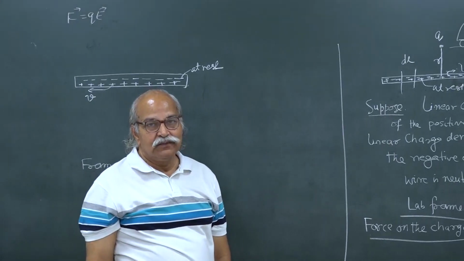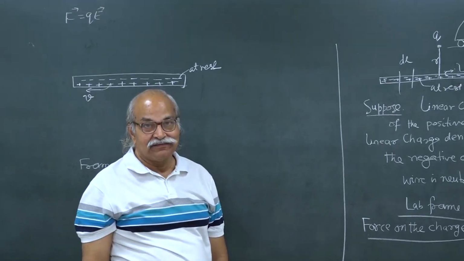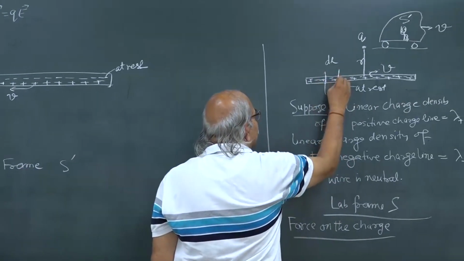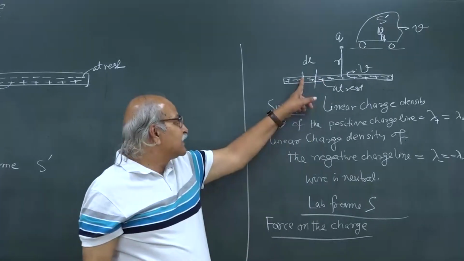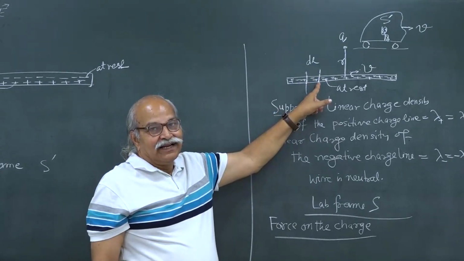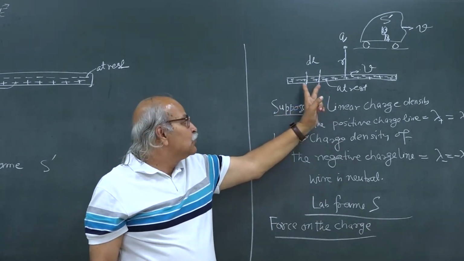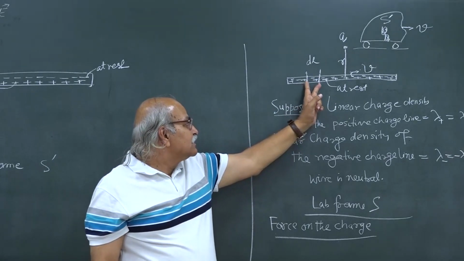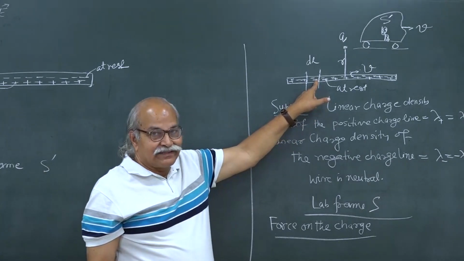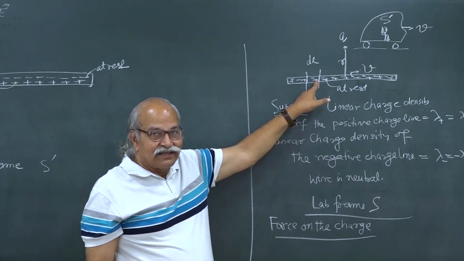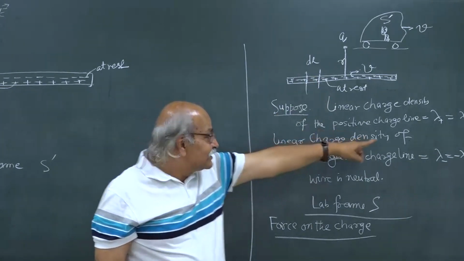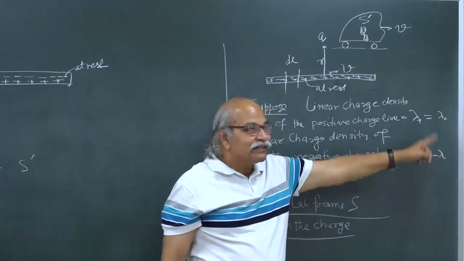Now, consider 2 points on the wire. Suppose you have one point here and one point here. You can put a red line here and a red line here. Then if you see the situation here, the positive charges are at rest and the negative charges are moving, and in this frame the charge density has the same magnitude.